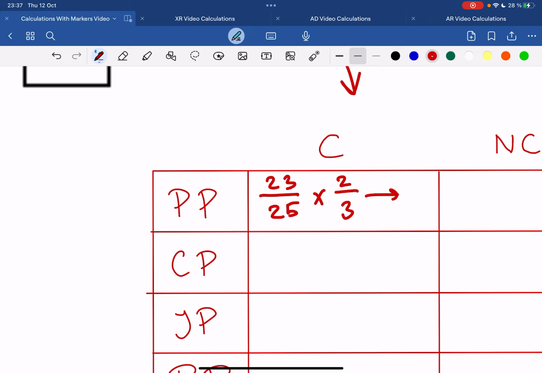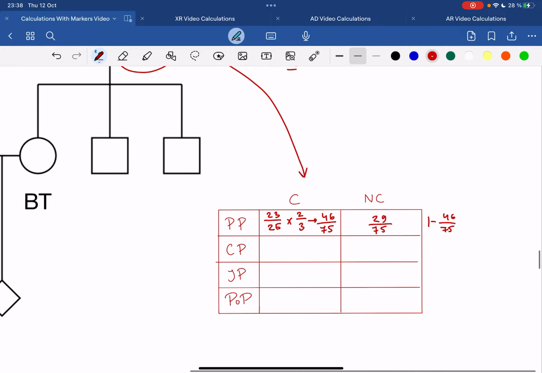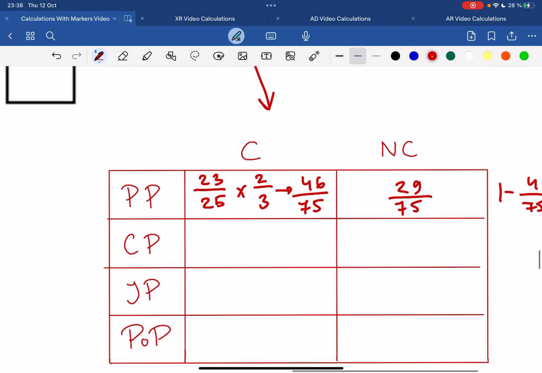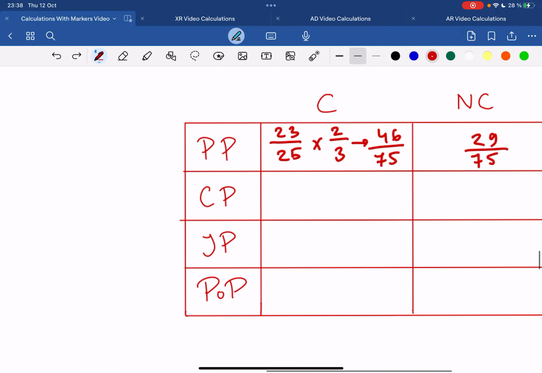That is equal to 46 out of 75. For non-carrier, it's 1 minus 46 out of 75, which is 29 over 75. Conditional probability is 1/2 to the power of the amount of healthy sons.